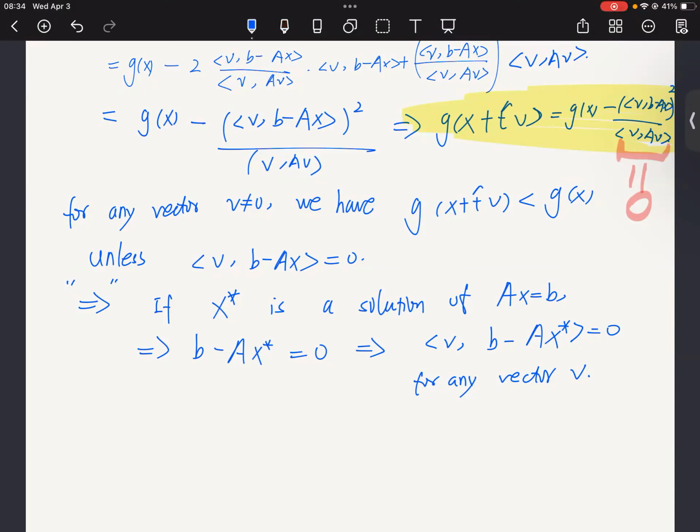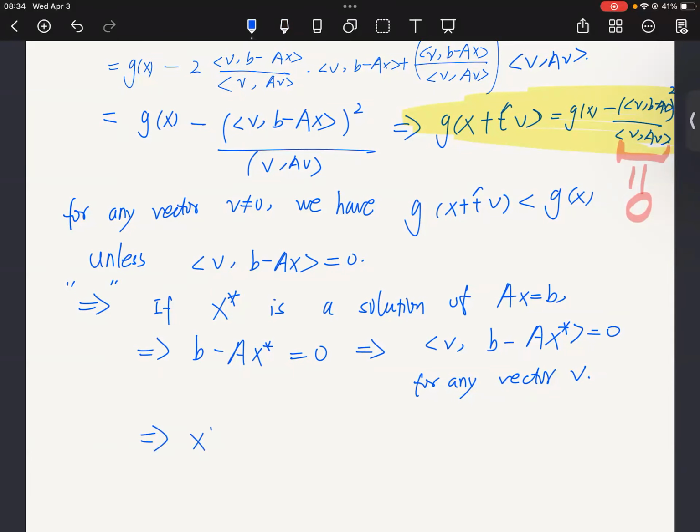And this is saying that X star is the minimal value of the G function. Does it make sense here?